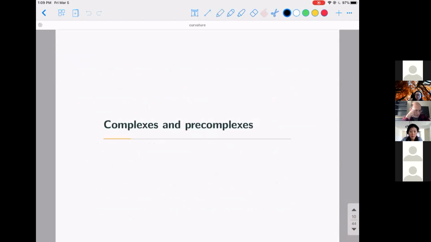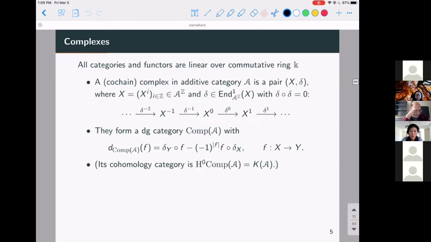So how does curvature arise naturally? Let's start with the classical curvature 0 case. So this is something we all know. A complex in an additive category A. Of course, it looks like this, but let me package it in the following way. First of all, I have an object X, which is a Z-graded object in A. So that means there's an X^i for i an integer.